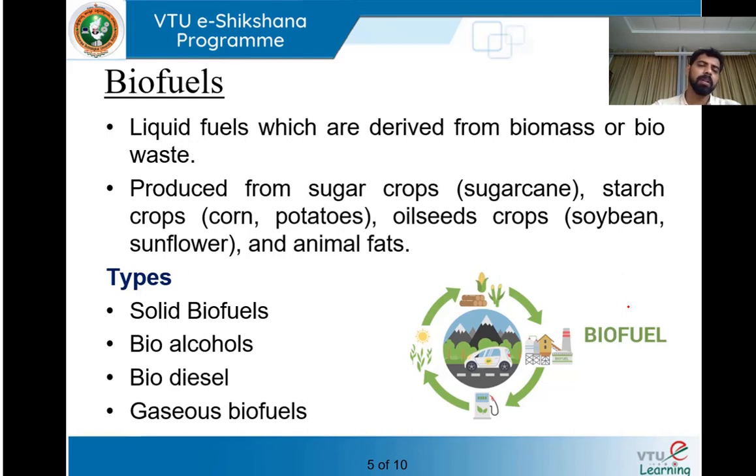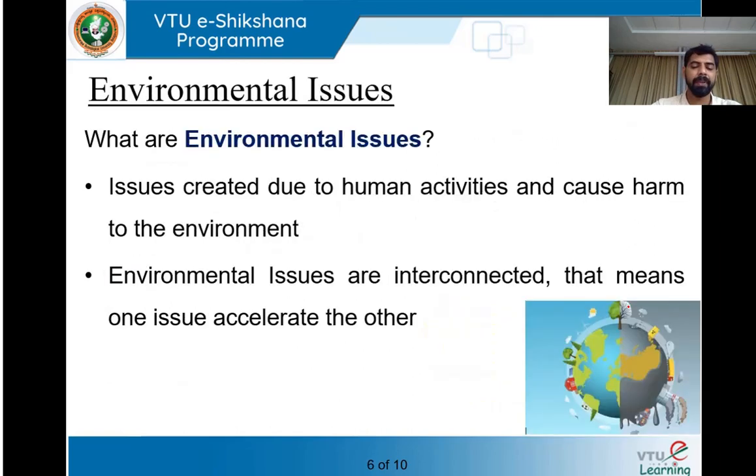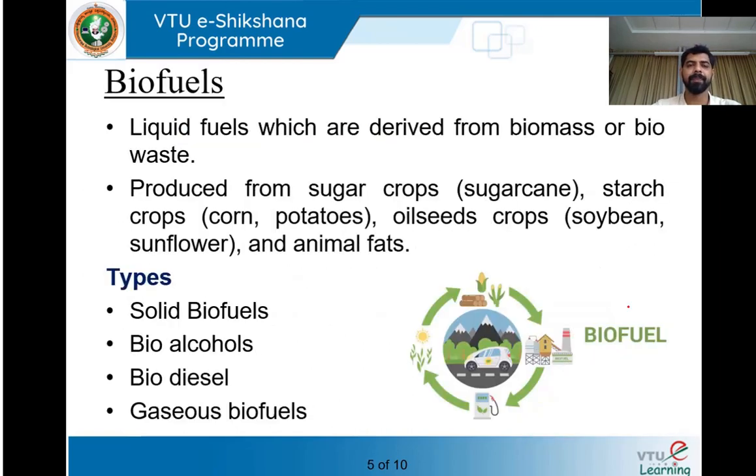One more type of biofuel under the liquid category is bioalcohols and biodiesel. So where do we get bioalcohols? Bioalcohols are normally extracted from microorganisms and enzymes through the fermentation of sugar or starches or cellulose.